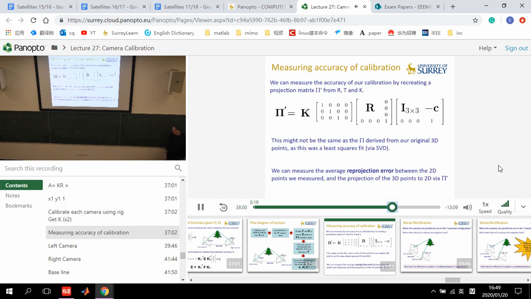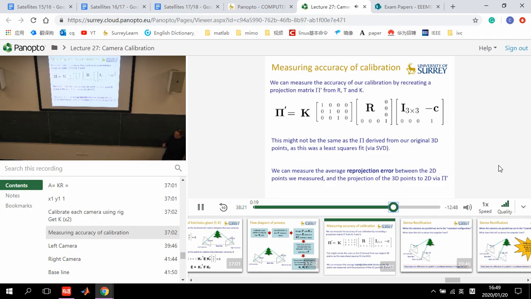So this pi prime is giving us our projection operator that takes us from 3D to 2D using our recovered camera parameters.